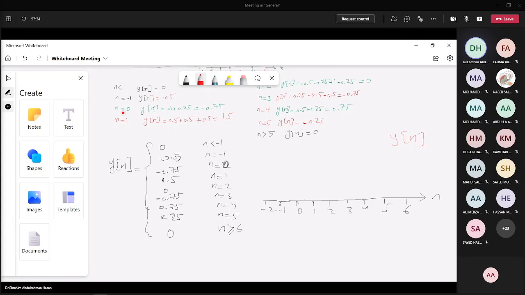Less than minus 1, it's equal to 0. At minus 1, it is equal to minus 0.5.